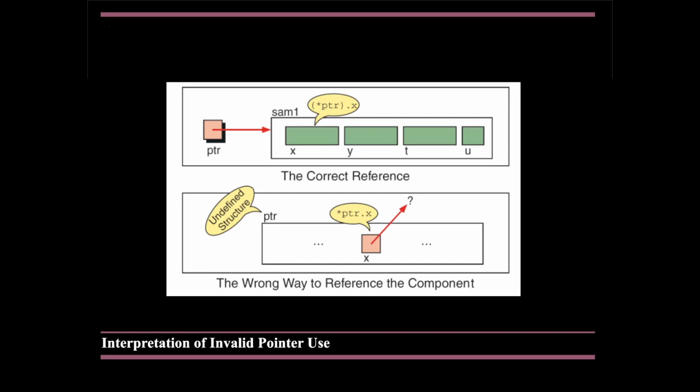So this is showing the correct way of doing things, getting the correct reference to the data members, variables or fields, assuming that PTR is pointing to a valid data structure here. This data structure is the typedef structure called SAM1. You dereference the pointer and use the direct access selection operator to fetch its member.